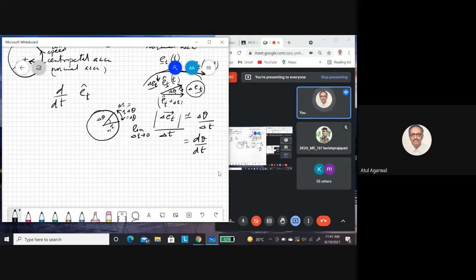Okay, one more thing we have to do. I had told you that you can talk of radius of curvature and center of curvature. So this is a trajectory in 3D space. So you can find a center of curvature and a radius of curvature.